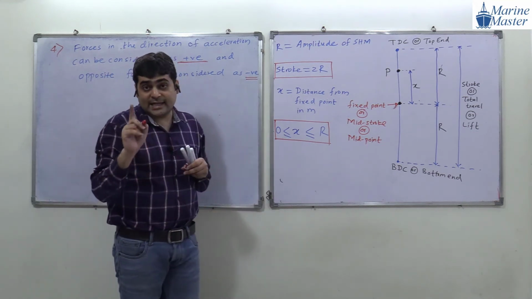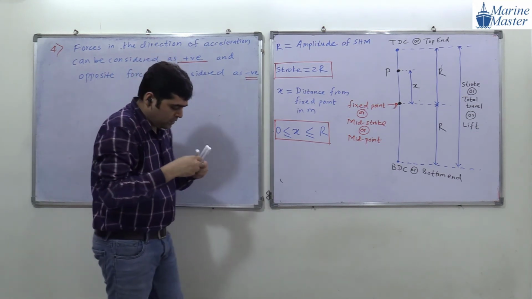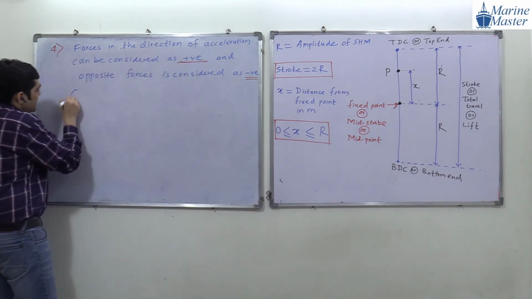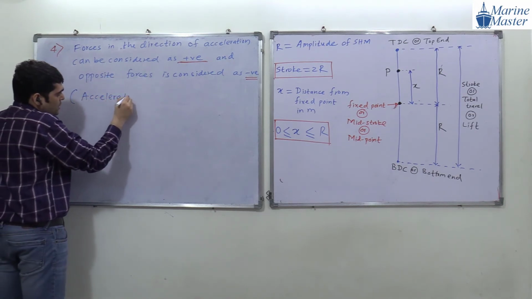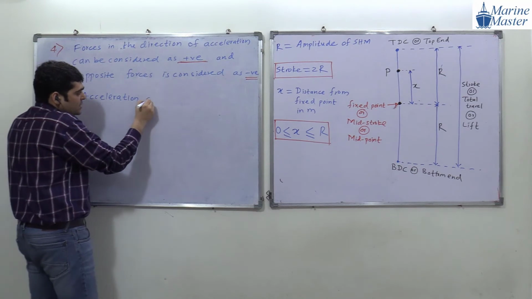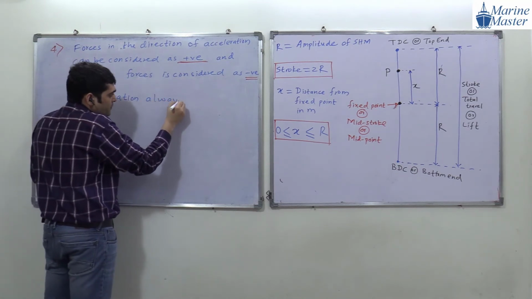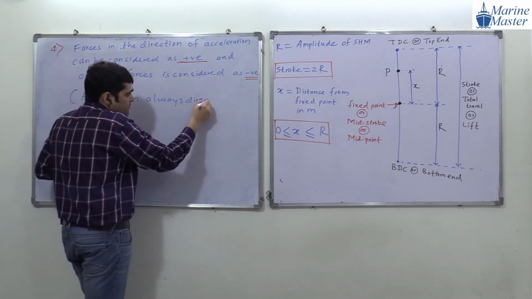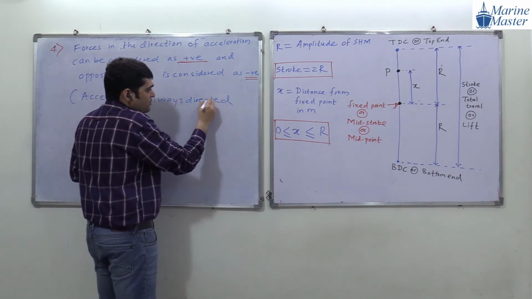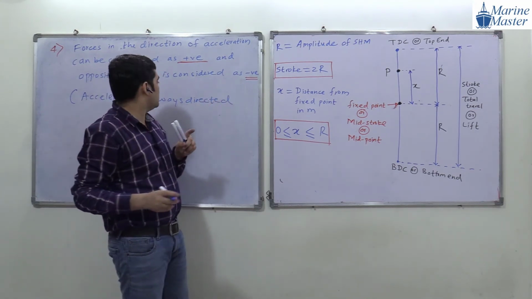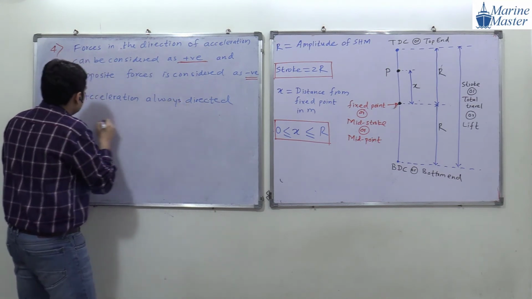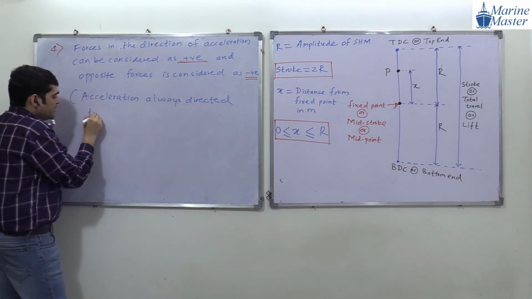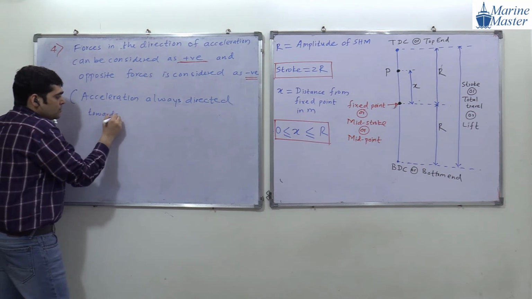Here the direction of acceleration is important, and in the bottom, in brackets, write down: acceleration always directed towards fixed point. What does it mean, guys? Acceleration always directed towards what, everyone? Directed towards the fixed point.